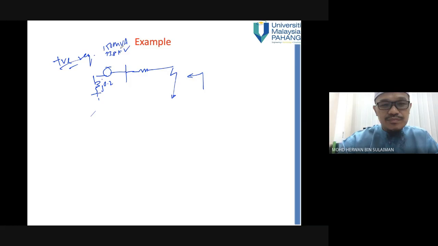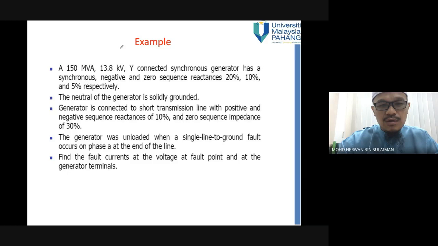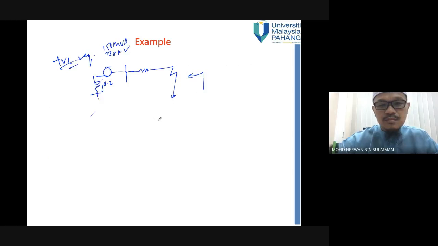And then your transmission line, positive and negative sequence 0.1. So this one is J 0.1. So from here you can find Z1, that is the Thevenin, right? Z1. Look here, it's just a series. So your Z1 equals J 0.3 per unit. So it's an easy question, there is no change of value, no change of base.